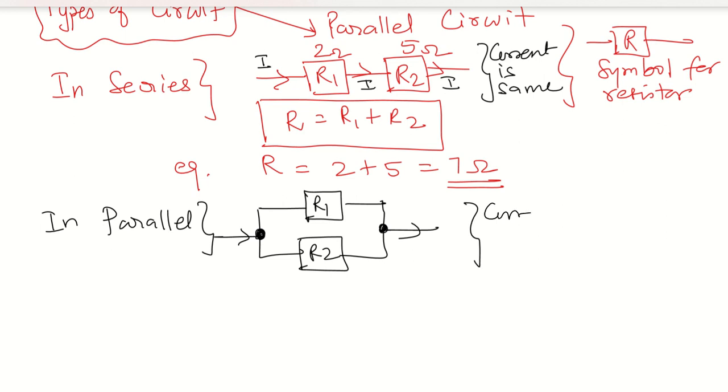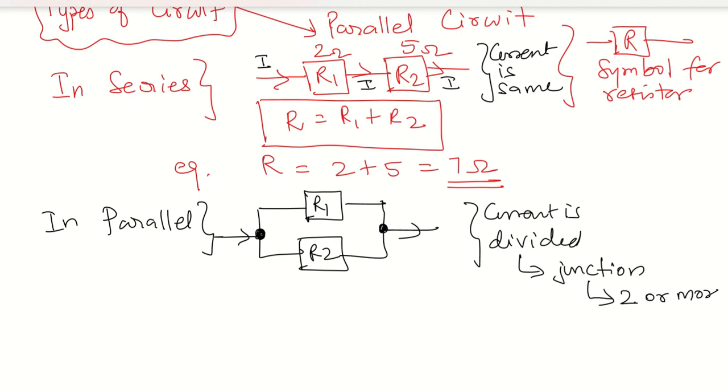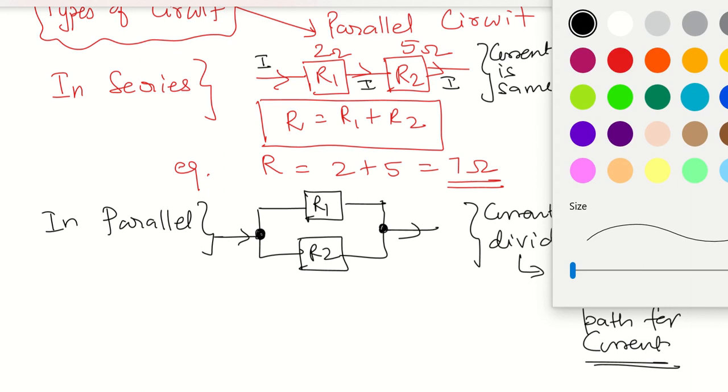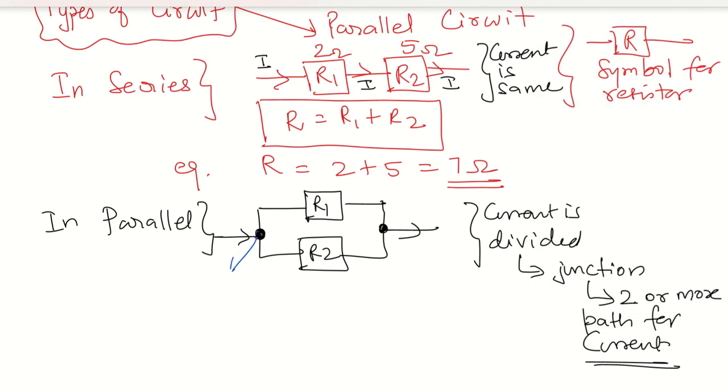Here the current is divided. Why is it divided? Because there is a junction. And what happens when there is a junction? There are two or more paths for current. That is why. And this is your junction. I will label it using a different color so that it's easy to identify. And this one is your junction.